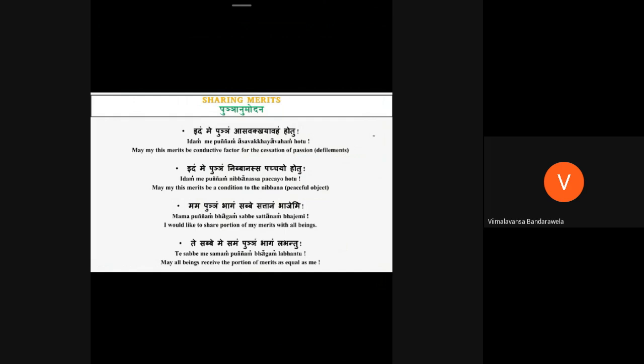Okay, now sharing merits. Why this sharing of merits? That means you hear the Buddha's Dhamma talk, not my own Dhamma talk. This is the real Buddha's Dhamma talk. While hearing this Dhamma talk, you accumulate much kusala. Your mind becomes very happy, because we can understand the Buddha is such an extraordinary enlightened one.